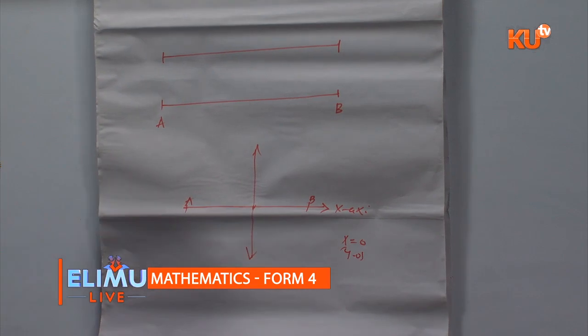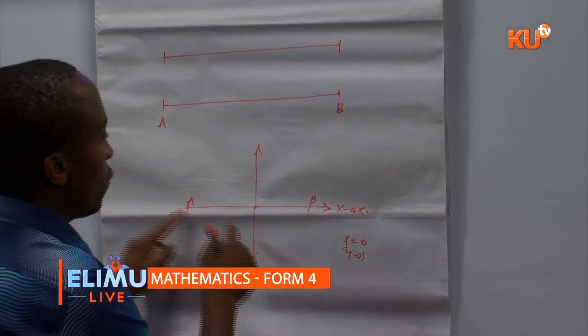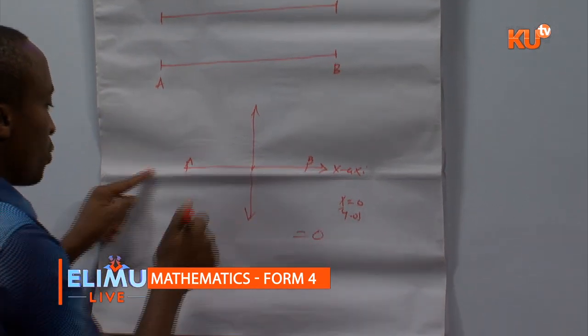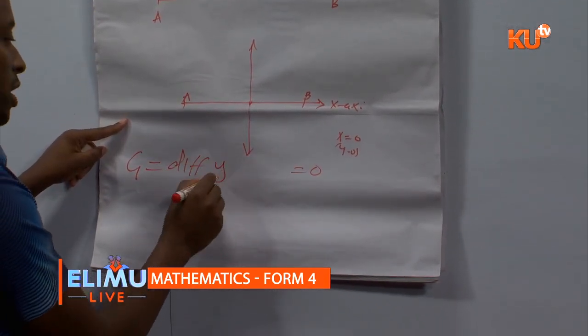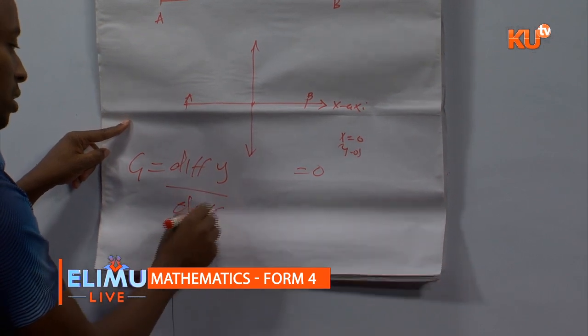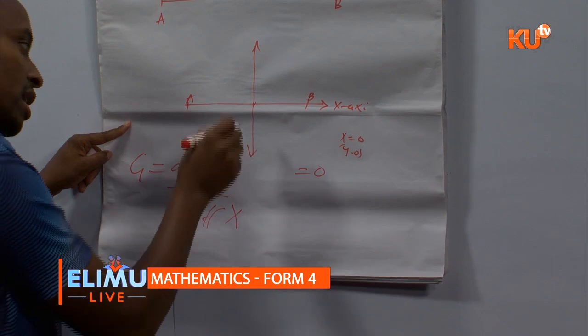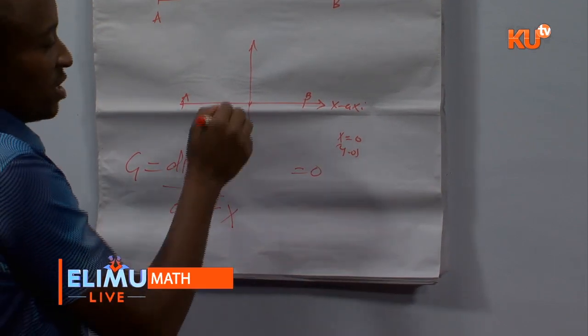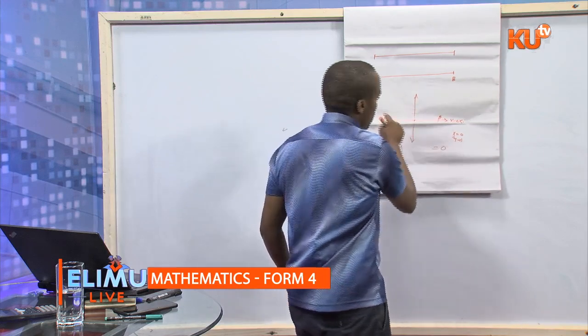So the gradient of this line is automatically 0. There's no change of y here. Because I've said the gradient is equal to the difference in y divided by the difference in x. Our x here now is 0. So any number divided by 0 is equal to 0. So the gradient of this line is equal to 0.